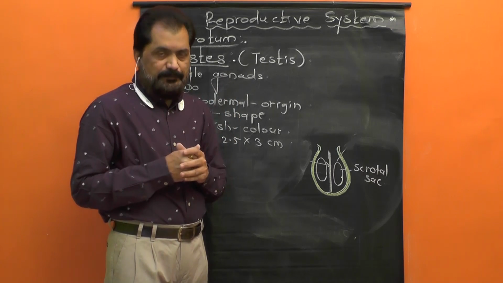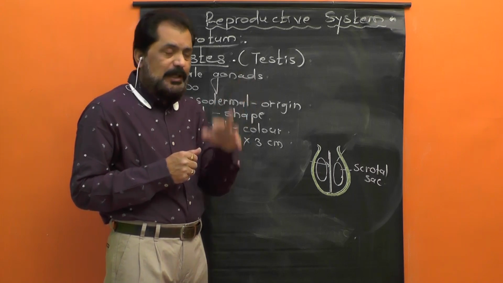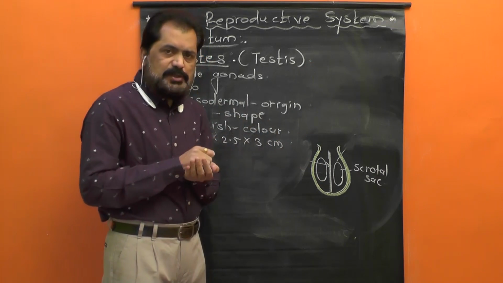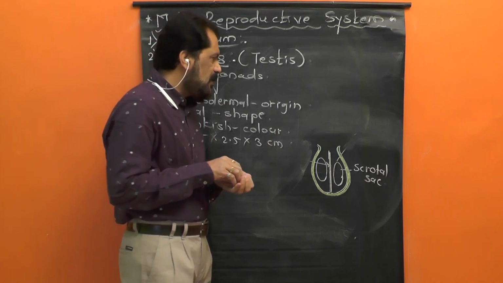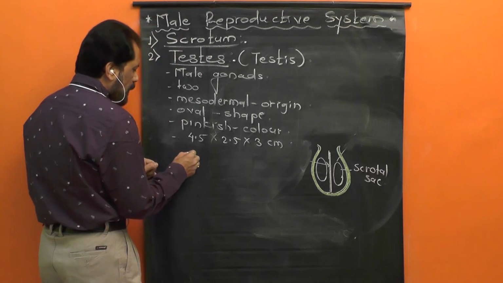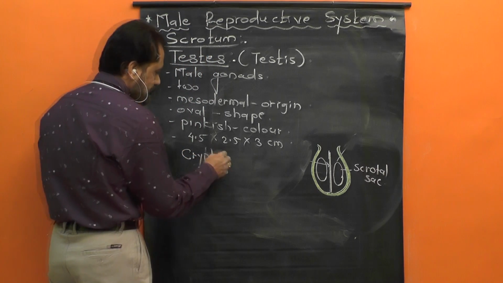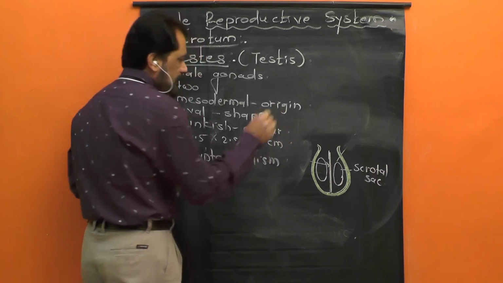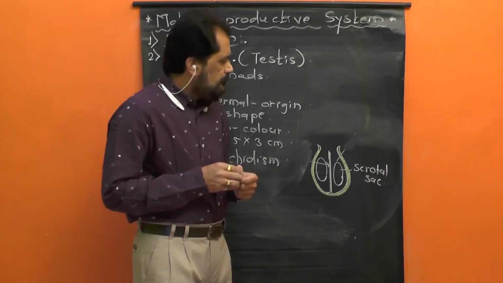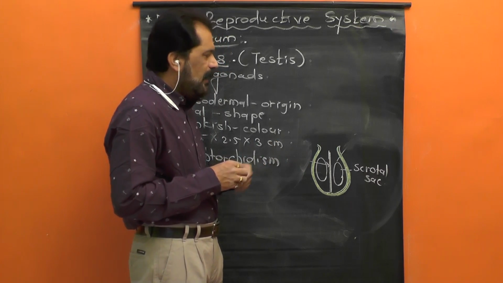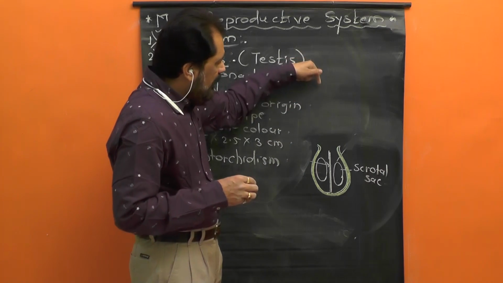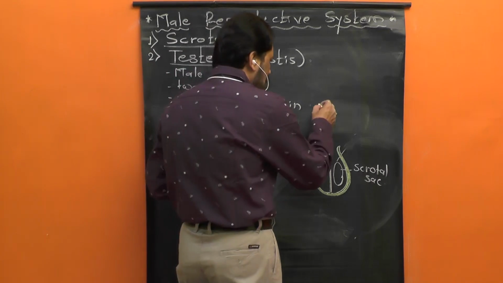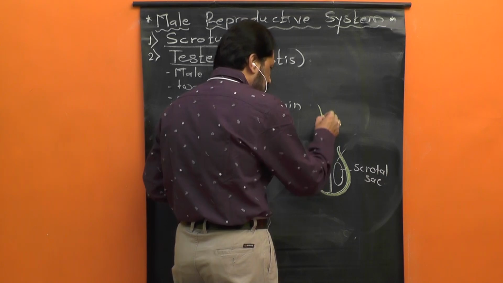And this condition of failure of testes to descend from abdominal cavity into the scrotal sac is known as cryptorchidism.